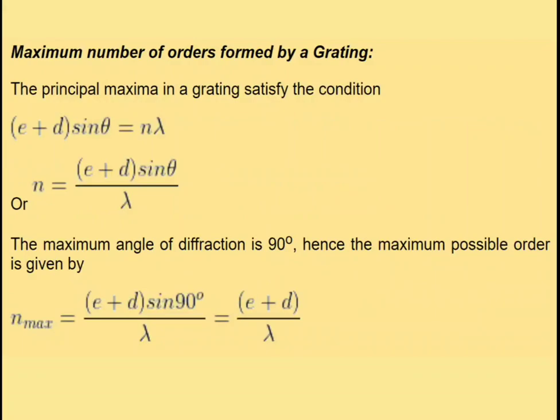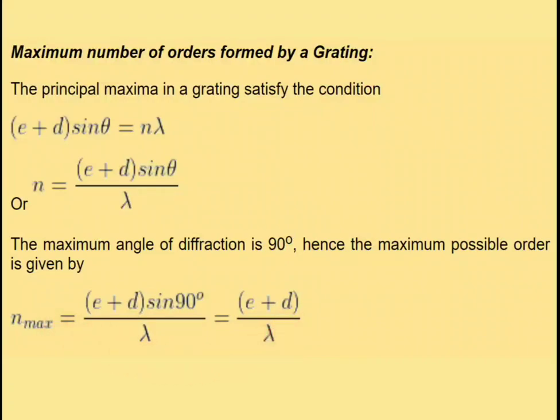Now substitute the value of theta equal to 90 degrees in this formula, and we get the maximum possible orders. Sin 90 is equal to 1. So n is (e+d) sin 90 by lambda, which is (e+d) by lambda. So the maximum number of orders possible using a grating is (e+d) by lambda.